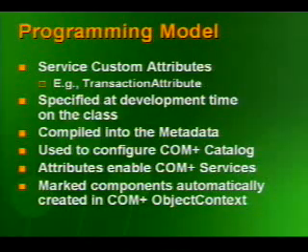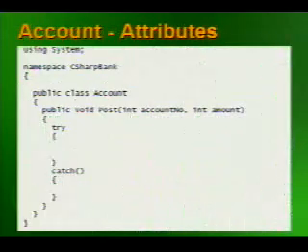These entries inside the metadata turn on the COM+ services, and as I've said before, these marked components are created automatically in the COM+ object context. For example, inside the C# bank namespace, we have Account, and we have a Post method.